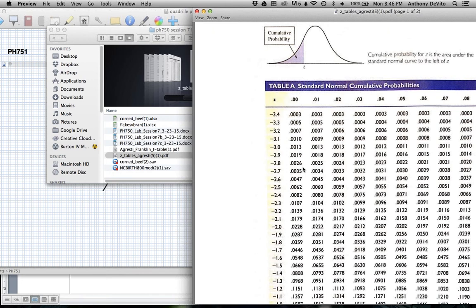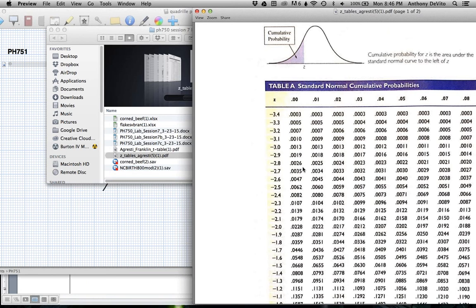What percentage was the chance of being wrong? What percentage of getting that outcome? It was only 1.2%. That's called my p-value, my probability of being wrong if I reject the null hypothesis. I want my p-value, the probability of being wrong if I reject the null hypothesis, to be less than 5%.